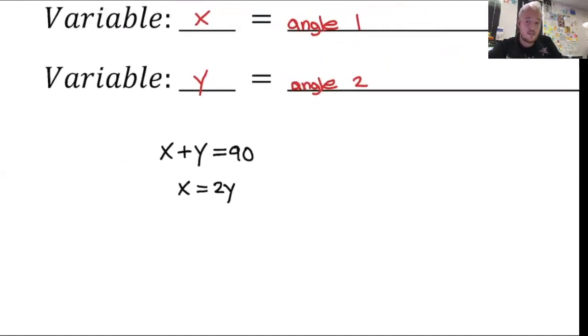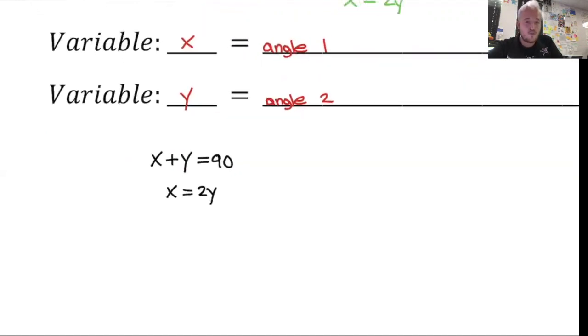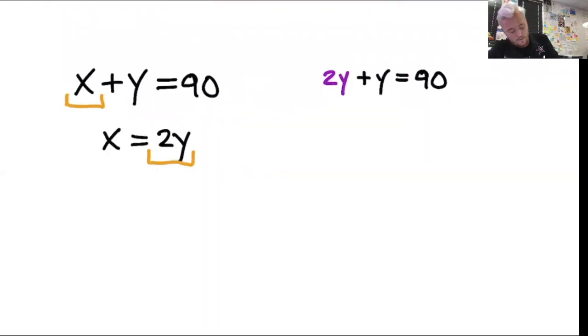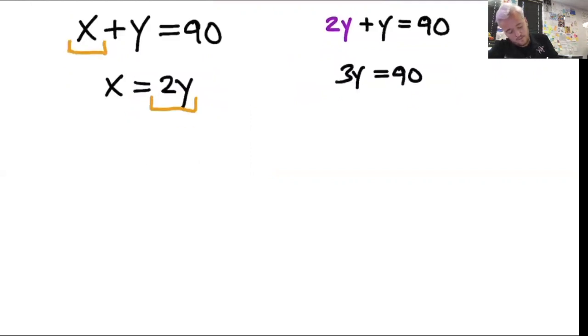So this is already set up for you to do substitution, so there was not any elimination on this one. So for your problem here, I'm saying x is equal to 2y, so that's what I'm going to substitute. So I'm going to have 2y plus y equals 90. So I'm going to combine that term, so 3y is equal to 90. Then divide both sides by 3. So y is going to equal 30.